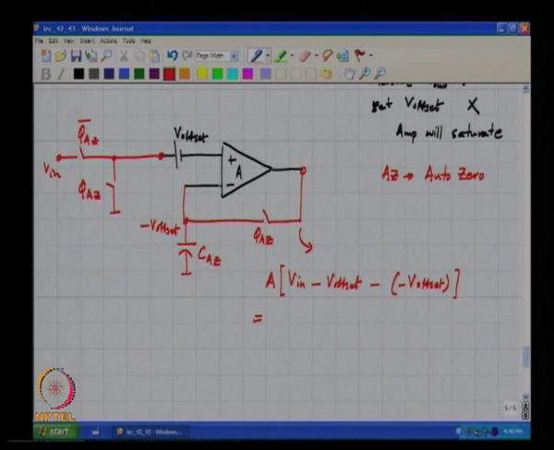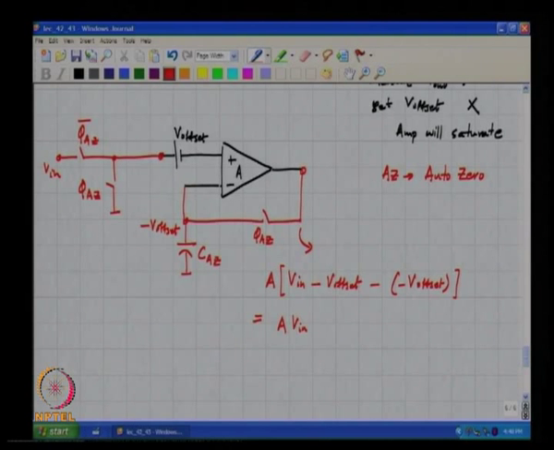So, this gives A into V in. Sorry, I am sorry, A into V in, yes. Okay.